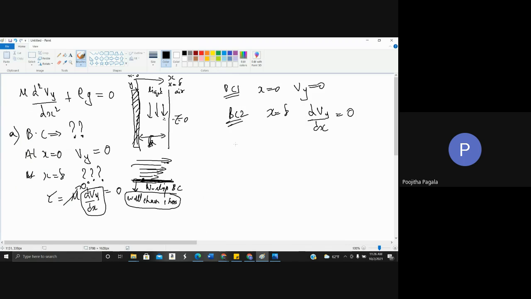Using these two boundary conditions, the next step would be to solve the problem. So what do you have here?